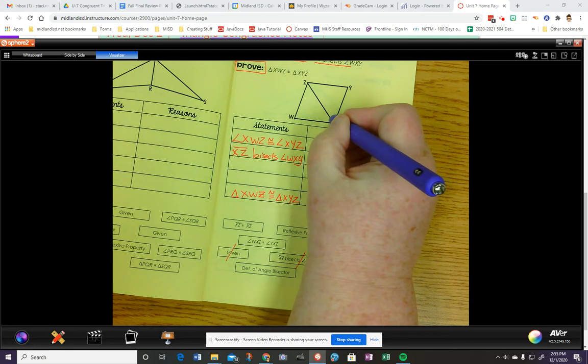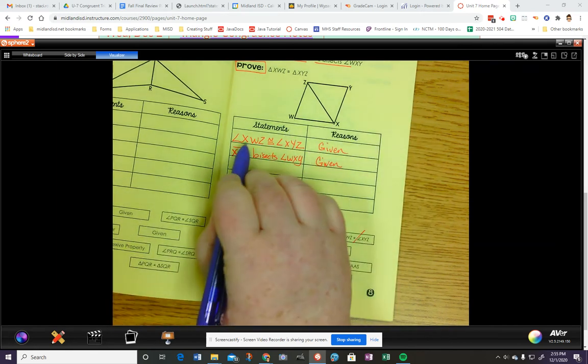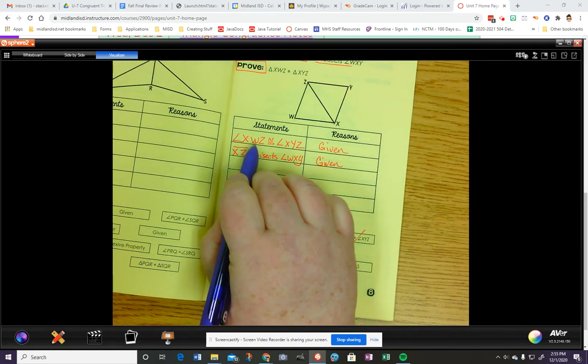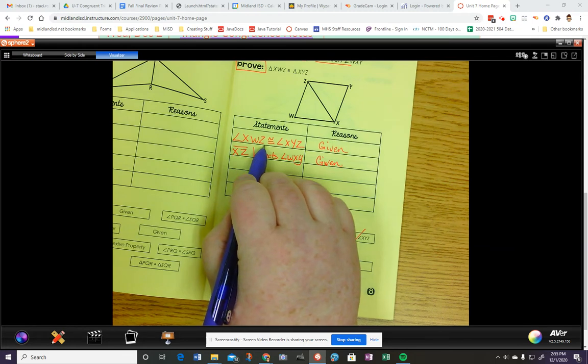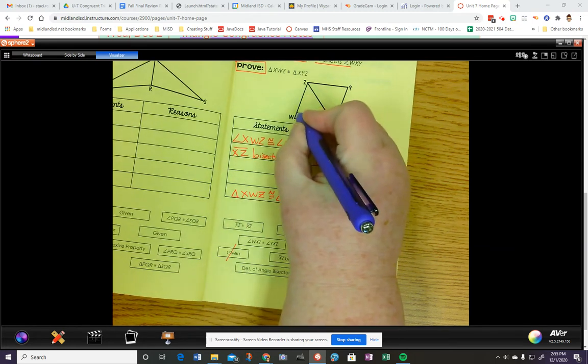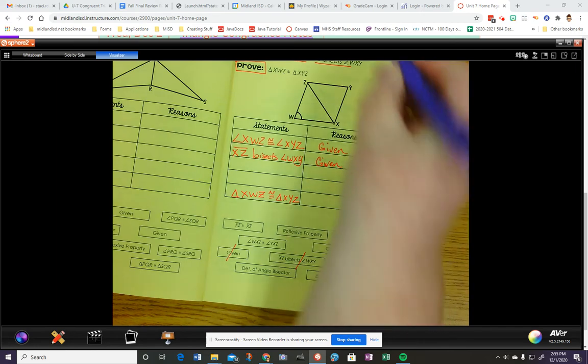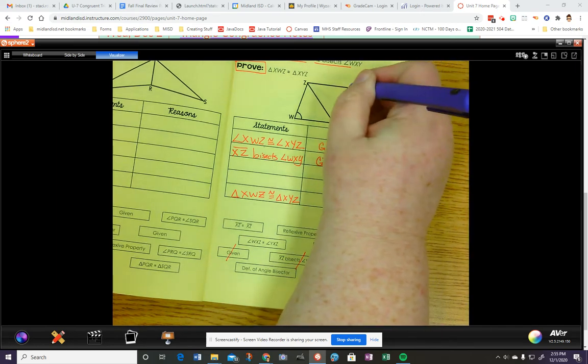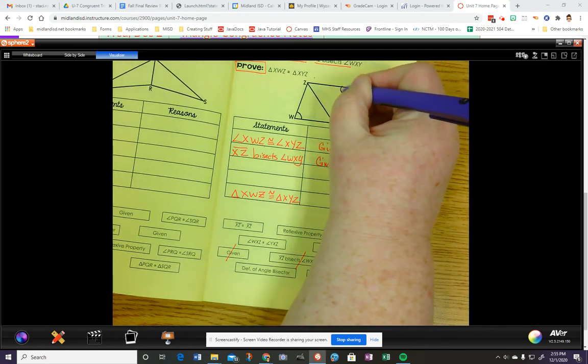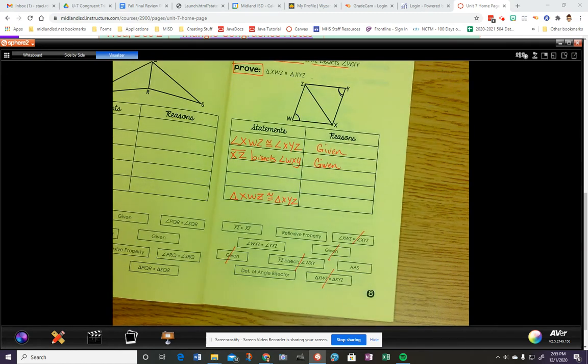So that means that angle XWZ, this angle right here, is congruent to XYZ, so this angle over here. So we have those angles. What else can we say?